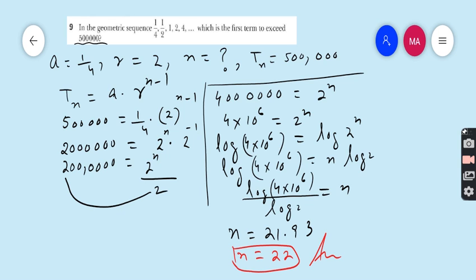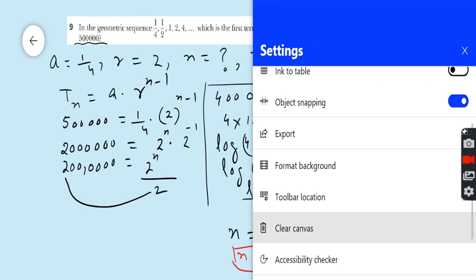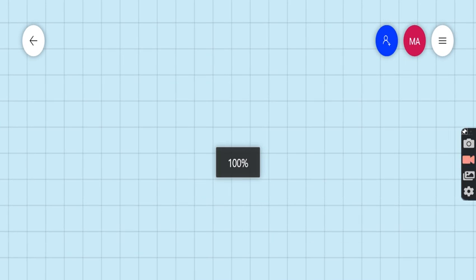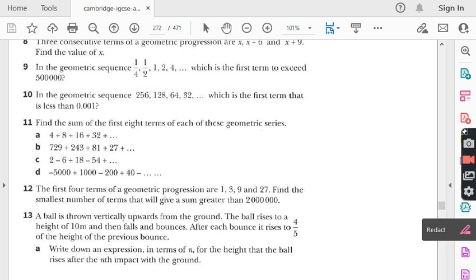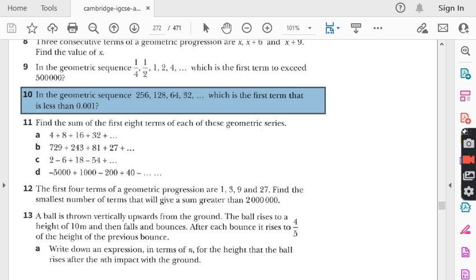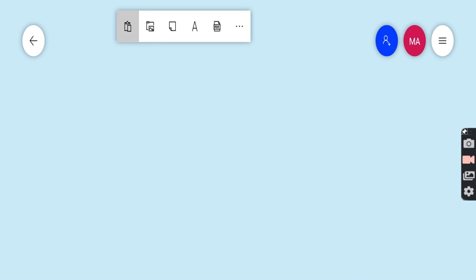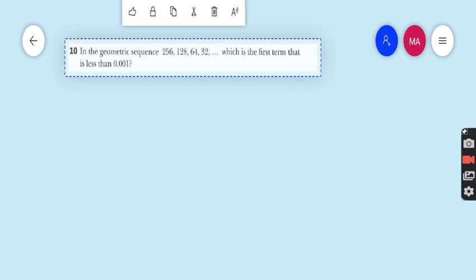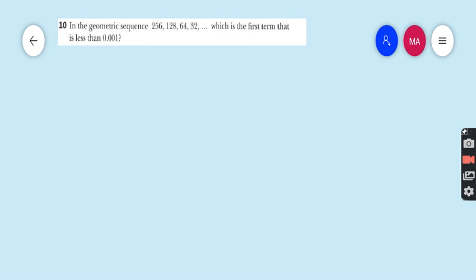Now move to question number 10. In the geometric sequence 256, 128, 64, 32, dash dash dash, which is the first term that is less than 0.001?